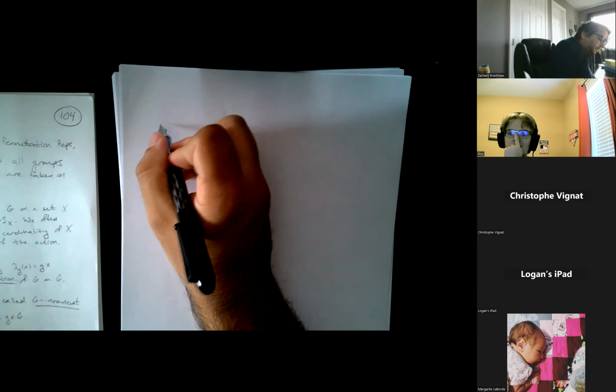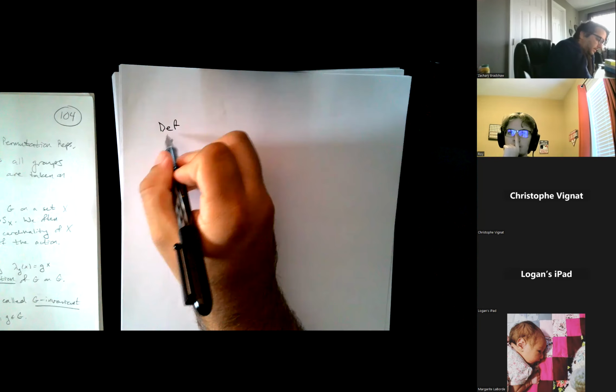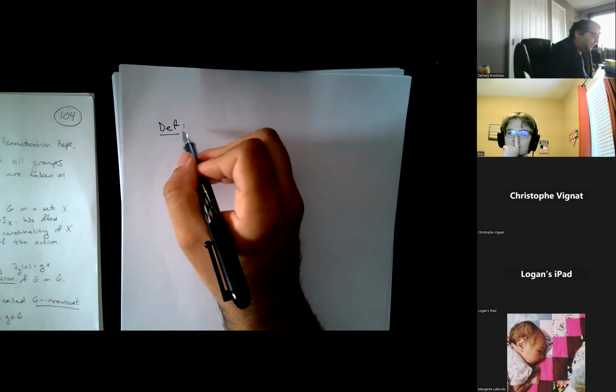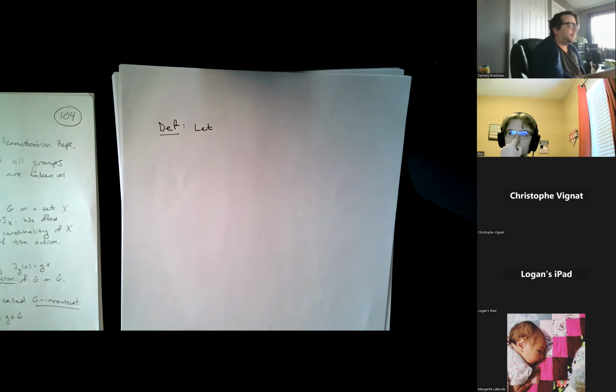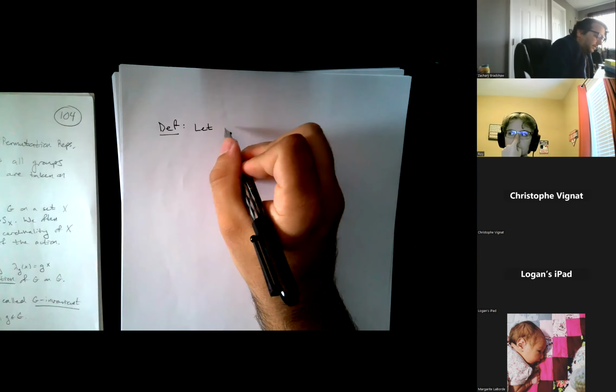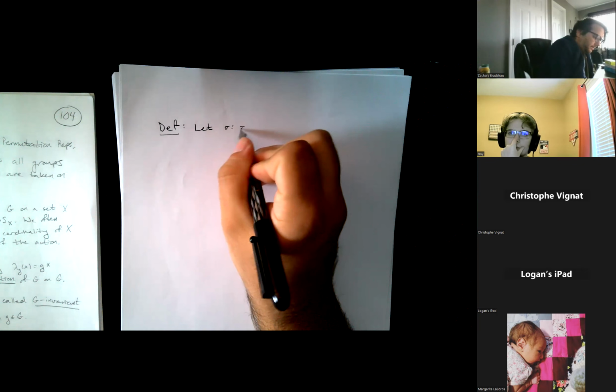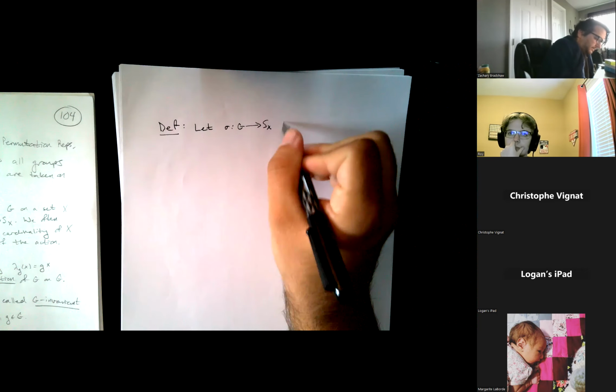Okay, so I apologize, there's going to be a few definitions to start, just because we have to define things to talk about them. So let sigma be an action.